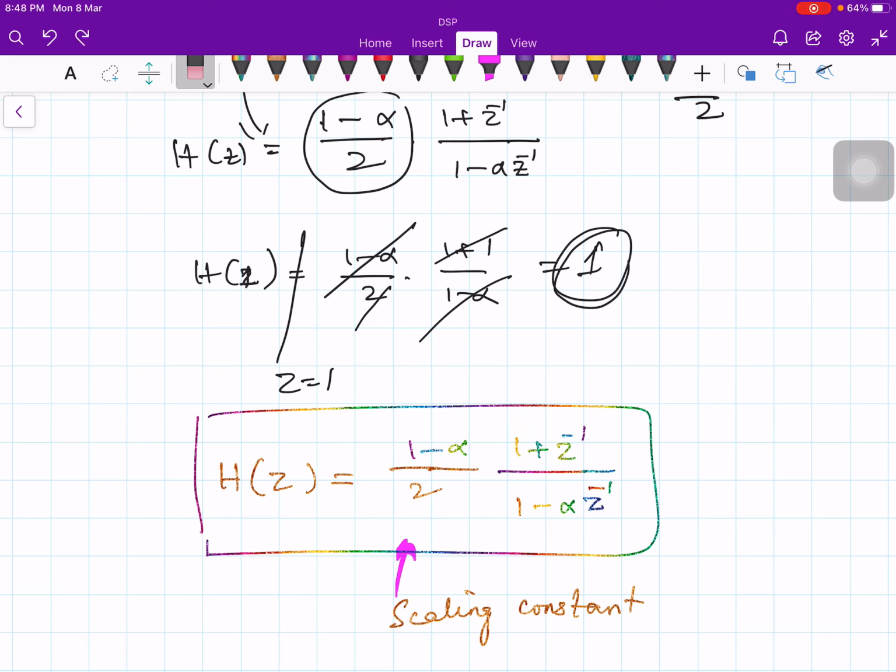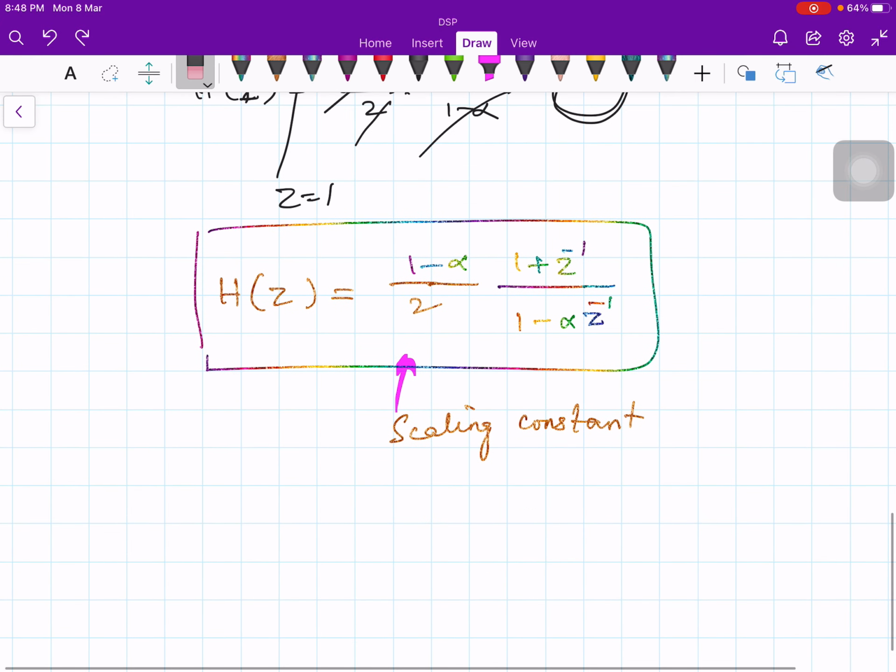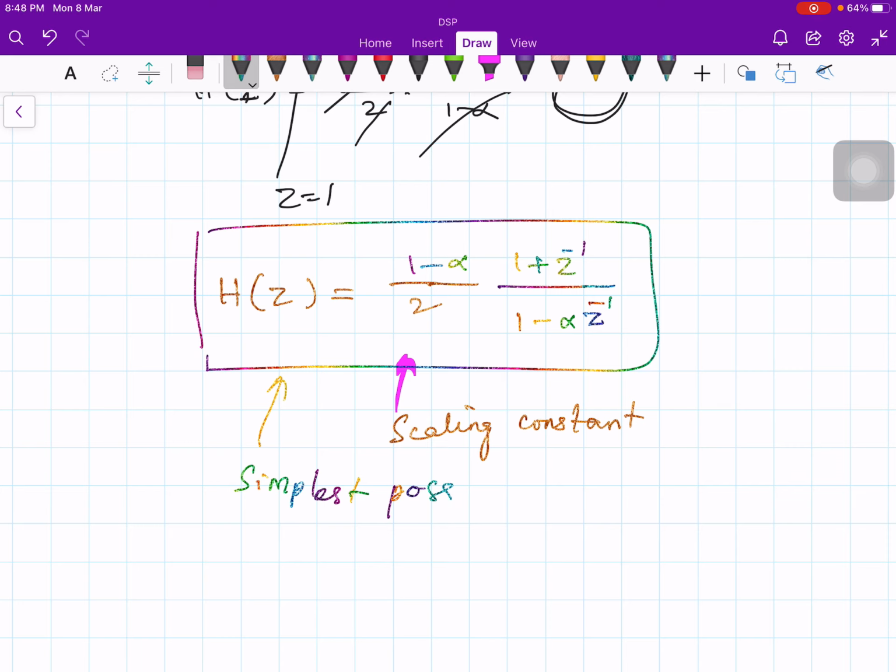In the denominator you have 1 minus alpha times z inverse, and this is the simplest possible first order low pass IIR filter, IIR digital filter.